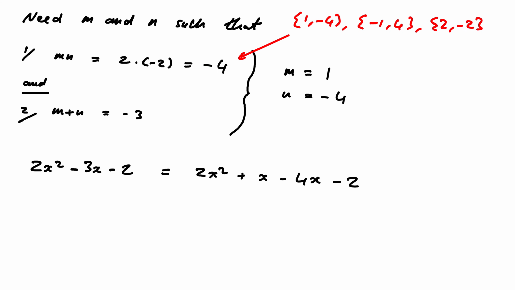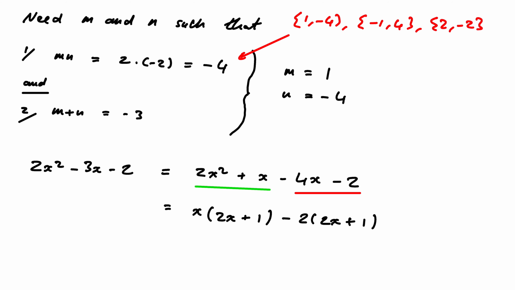So then what do I do? I bunch my terms together, these two together and these two together. Then I factor things out to see what happens. In the first expression, I can pull a factor of x out, so I've got x times 2x plus 1. In the second expression, I can pull a factor of 2 out, so it'd be minus 2 times 2x plus 1.